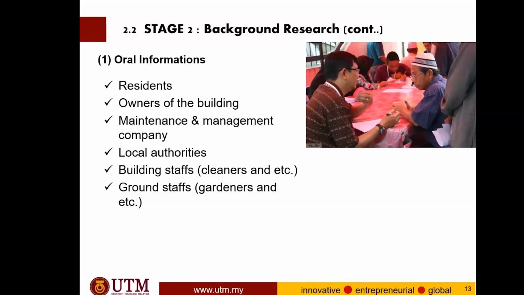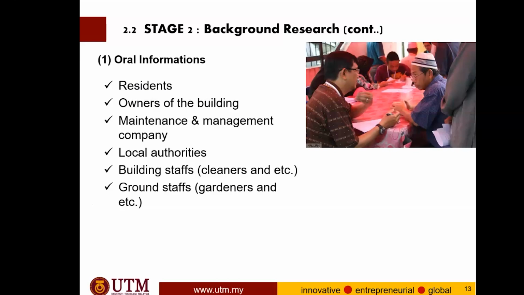Sometimes, in one block of apartments, it normally consists of 100 units. Each unit has 4 rooms, for example. And if you have 5 buildings in one residential area, you can imagine there are 500 units or 500 houses. Every house will have 4 rooms.